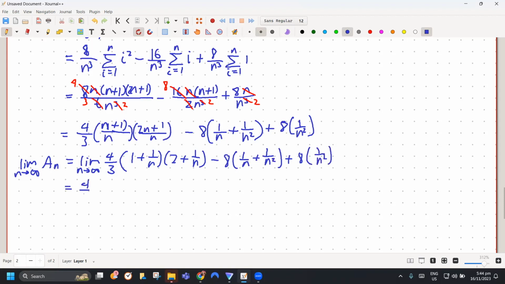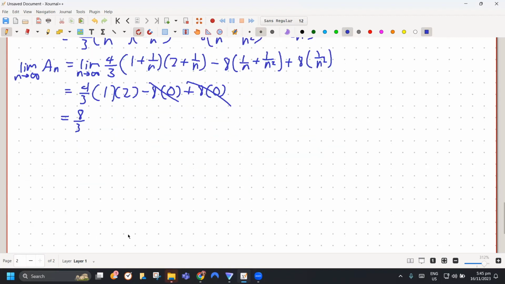Okay, and then 1 plus 0, 1, 2, minus 0. So that becomes 4 times 2 is 8, 8 over 3.